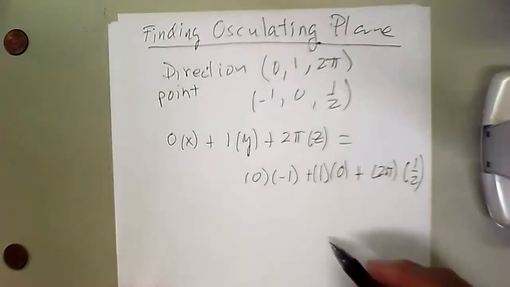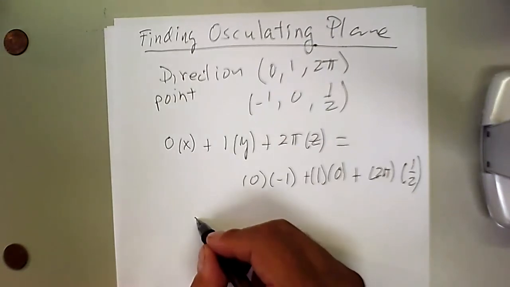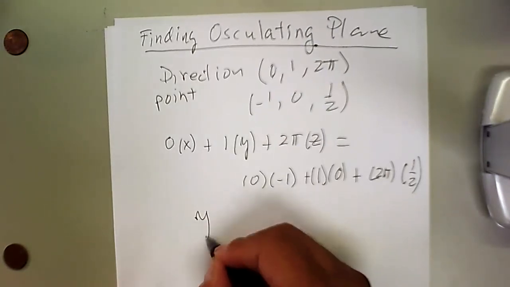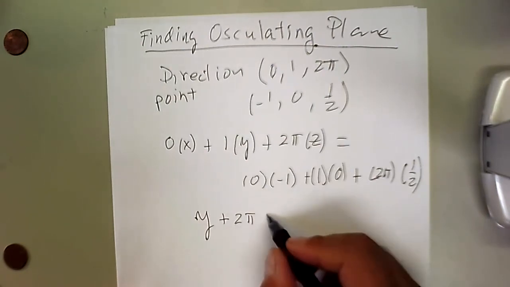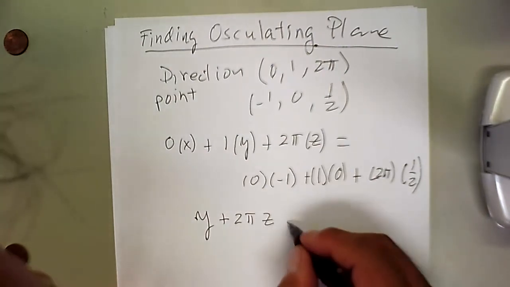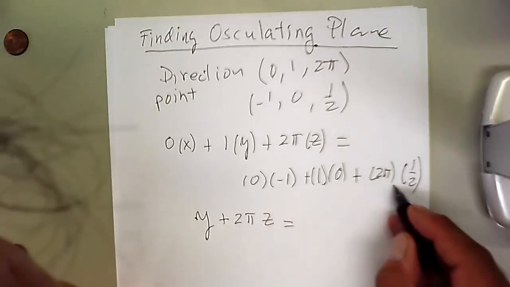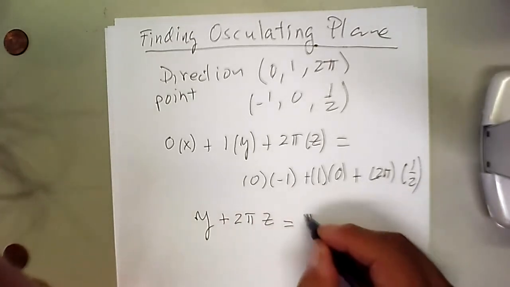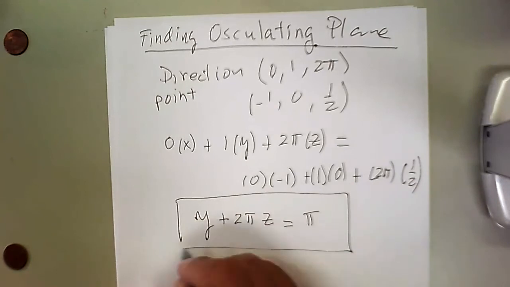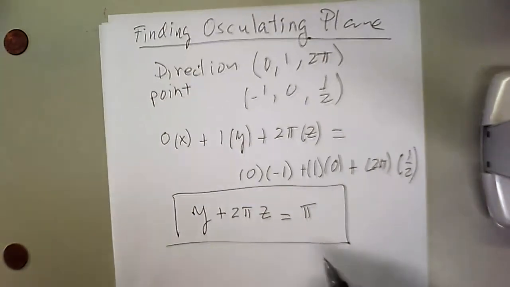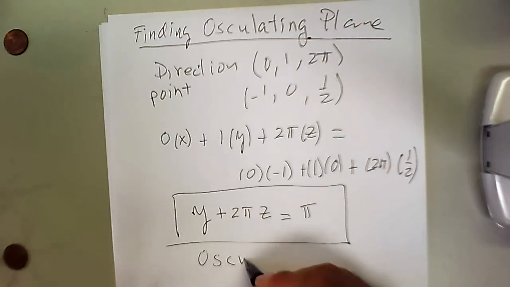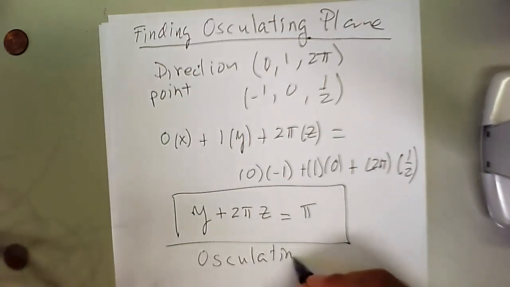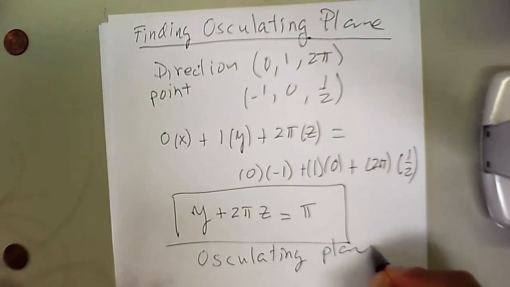And then we simplify. So we end up with no x, just a y plus 2 pi z equals pi. Boy, that's a very, very nice equation. So this is the equation of the osculating plane.